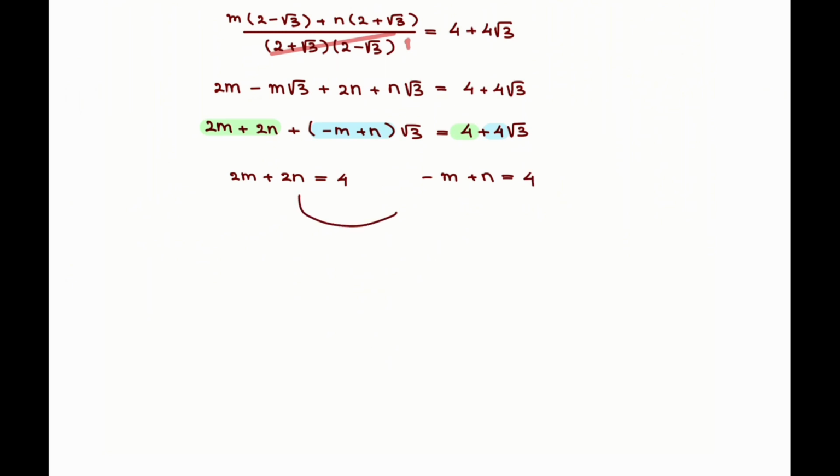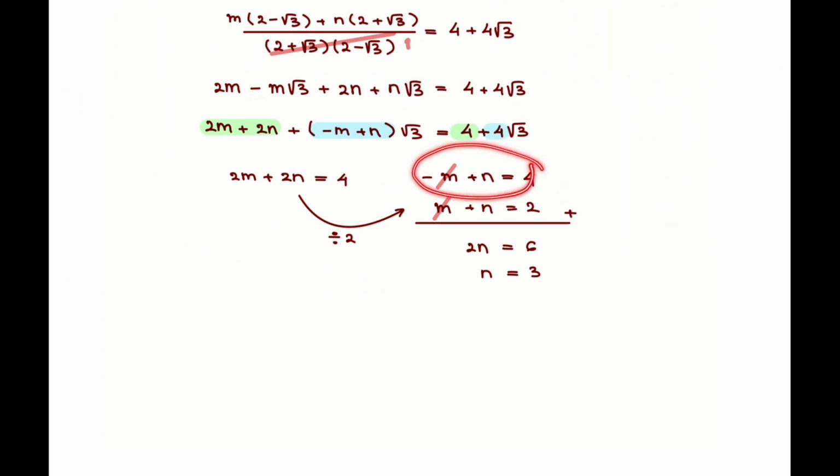If I divide my first equation by 2, I will get m plus n equals 2, and then I can add the equations to eliminate the m. Then I will obtain 2n is equal to 6, and then n is equal to 3. After I got n, of course I can find m by substituting it into the first or the second equation here.